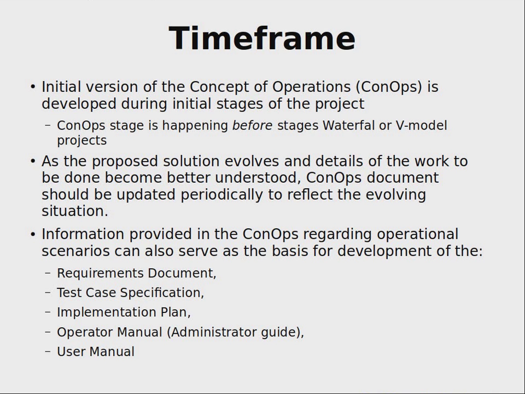Then when you are done with the last iteration, or the final version of concepts of operations, you may use it as an input for requirement specification, test case specification, implementation plan, operator manual, user manual, design guide, etc.